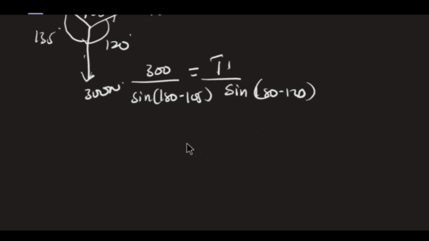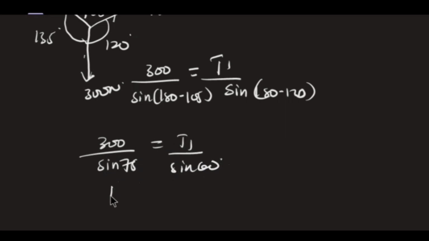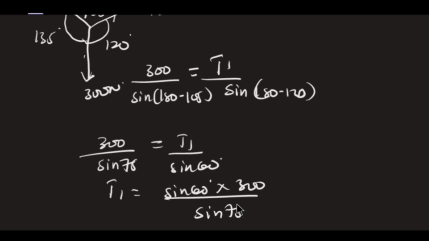I can use that to find T1. So I'll get 300 over sine 75 is equal to T1 over sine 60. So my T1 is simply equal to sine 60 times 300 all over sine 75.